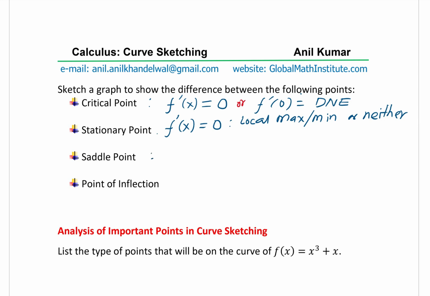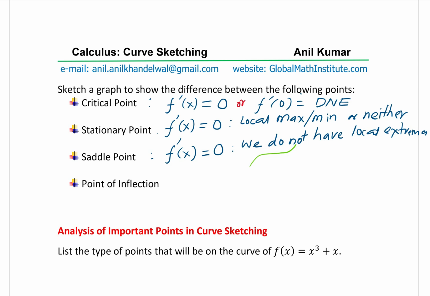Now what is a saddle point? A saddle point also is a critical point where the first derivative is zero. However, at this point, we do not have a maximum or minimum. So it is a condition where we do not have local extrema. That is important, and what we have here is kind of a saddle.